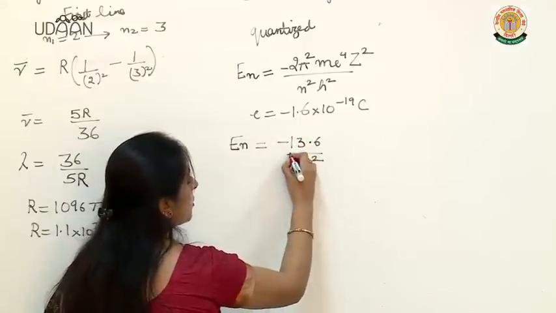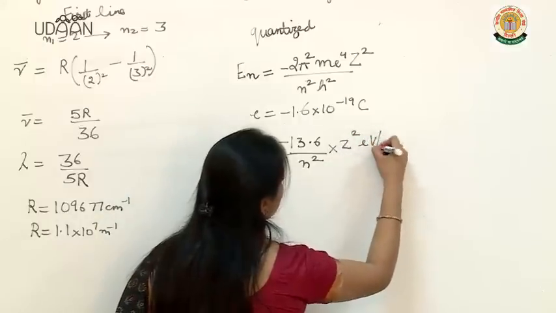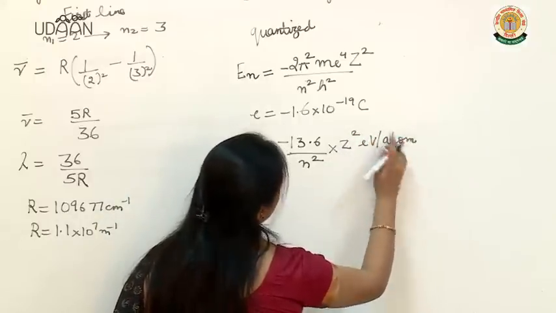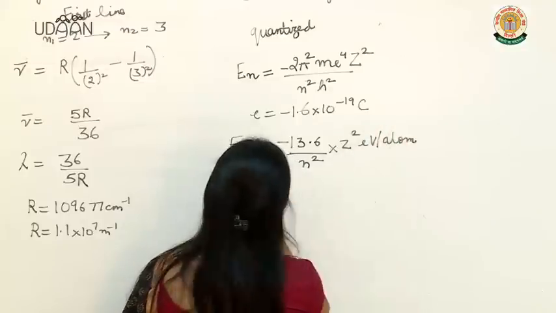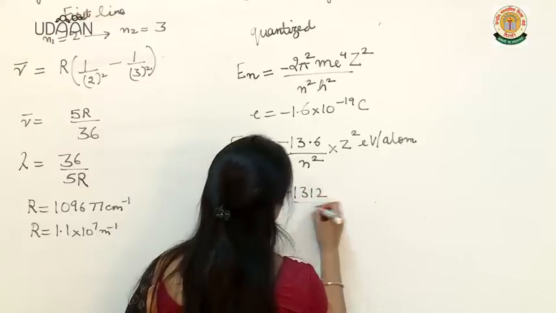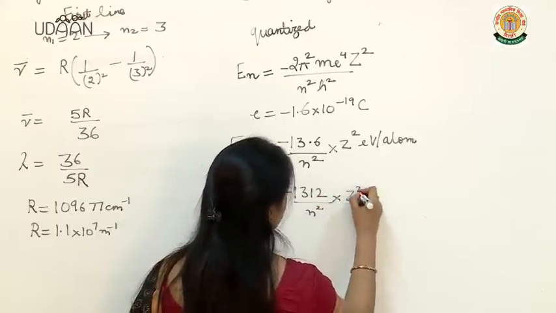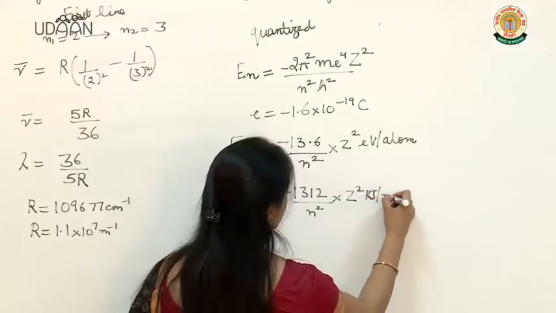Suppose I want to get it in electron volt per atom, this would be my formula. If I want to get it in kilojoule per mole, my formula would be this. So I can use whichever formula I want. This is kilojoule per mole.